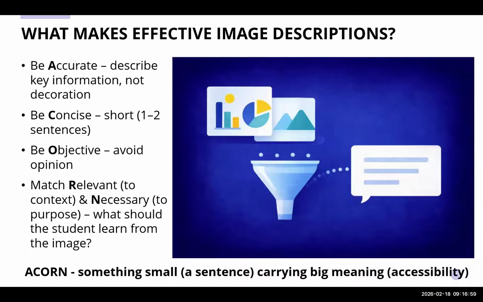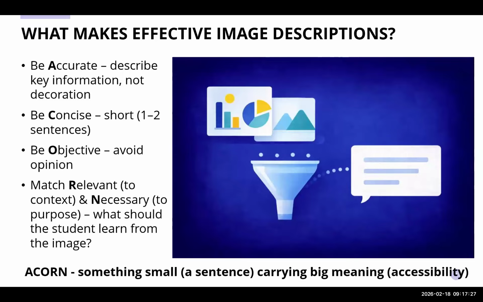Third, be objective. The goal here is to describe what is there, not how you feel about it. So avoid words like a beautiful painting, and instead just describe the clouds, the mountains, the figures, and let the student decide how it makes them feel based on what they can actually access. Finally, make sure the description is relevant and necessary to the context.